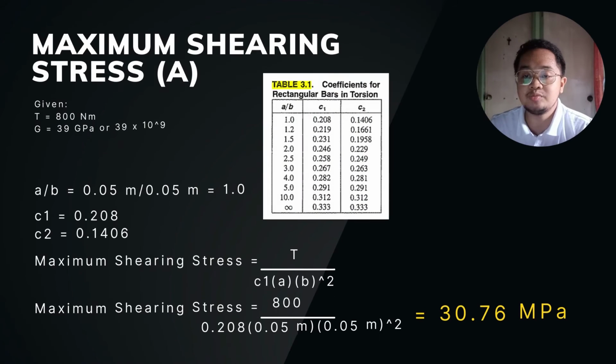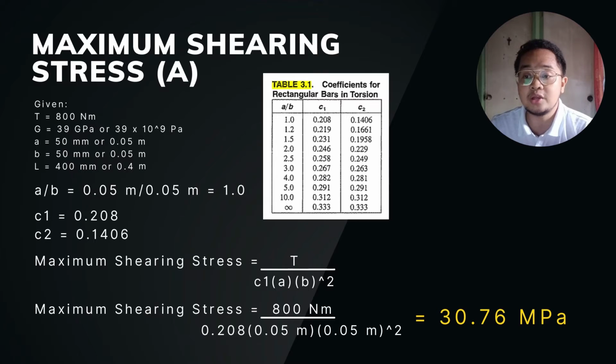Let's calculate the maximum shearing stress of the cold-rolled yellow brass bar figure A. We also have here our givens. First thing we need to do is to calculate the ratio of A and B. That is A divided by B. We have 0.05 meters divided by 0.05 meters, and that is equal to 1.0. We're going to use this value to find our corresponding coefficients for rectangular bars in torsion.